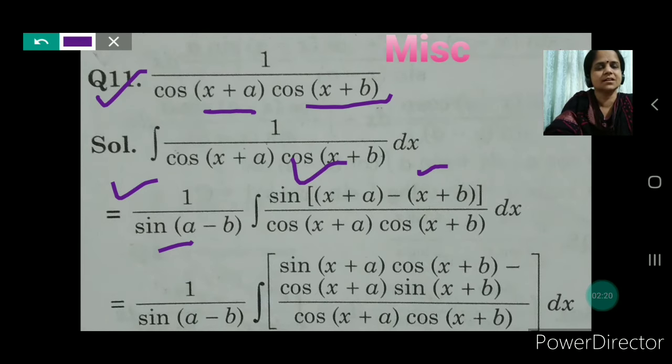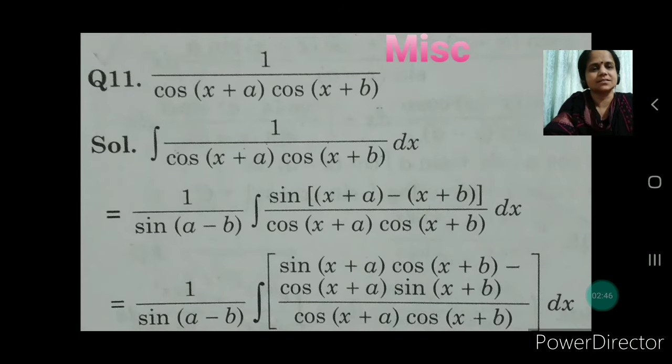Here x and minus x will cancel and you will get sine a minus b. Now apply the formula in the numerator, sine a minus b. You will get sine x plus a cos x plus b minus cos x plus a into sine x plus b. In the denominator write the same as it is.